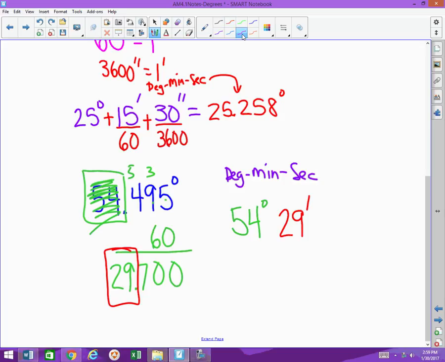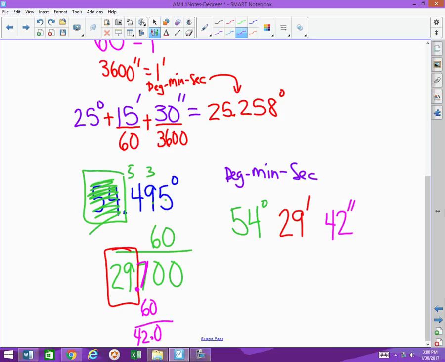And finally, get rid of the 29 and take 0.7 times 60, which would be 42, so then it's 42 seconds. Now, if you multiply by 60 the second time and get like 42.8, then you'd write 42.8 seconds.